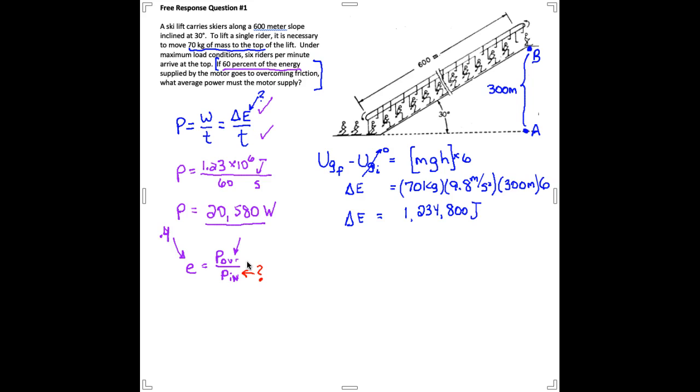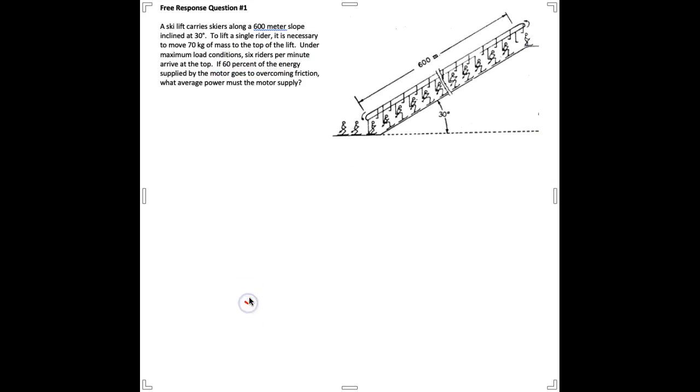So if we're solving for the input power, we take the output power and divide it by 0.4. We get 51,450. So therefore, the input power, our final answer, ends up being around 51 kilowatts. Depending on how you round it, I'll leave it at 2 sig figs in this case: 51 kilowatts.